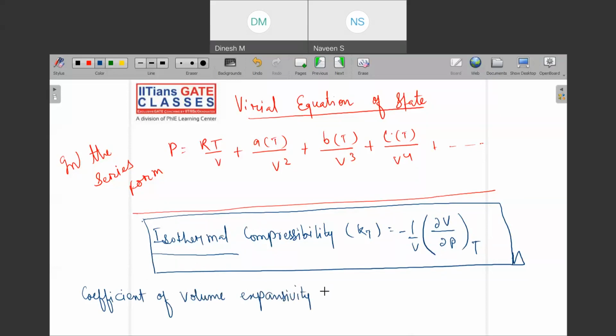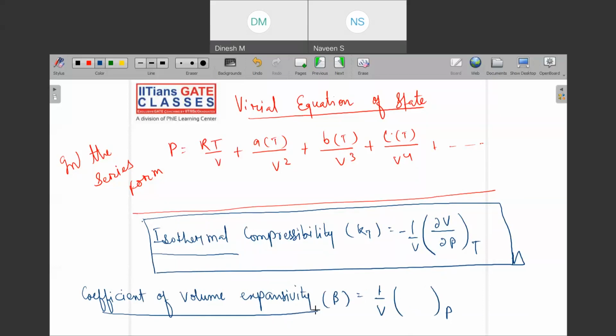This is compressibility. This is denoted by beta, and it is equal to 1 upon V into the change in volume with respect to temperature at constant pressure.